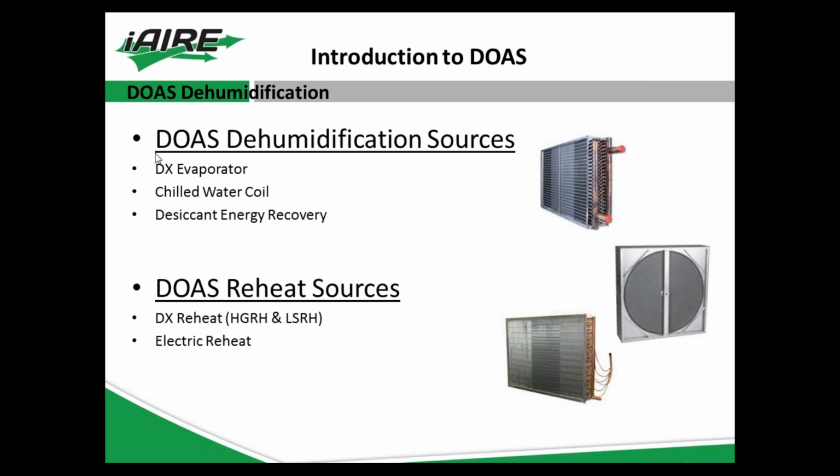So there will be the standard DX evaporator to provide dehumidification. We can also do chilled water coils in those rooftop units, which is not standard Carrier equipment. And then generally, a lot of these units will include a desiccant energy wheel to pre-treat that outside air and pull some humidity out of the air before it even reaches the DX or chilled water heat exchanger. And then as a reheat source, generally there will be DX reheat or electric reheat.